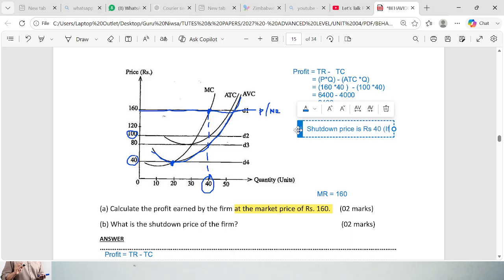Within brackets, write down: if the market price falls below 40 rupees, the firm should shut down its operations.